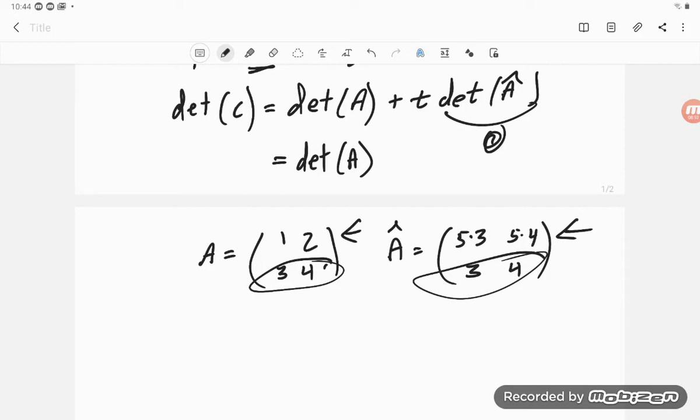Okay, so that row operation didn't change anything.